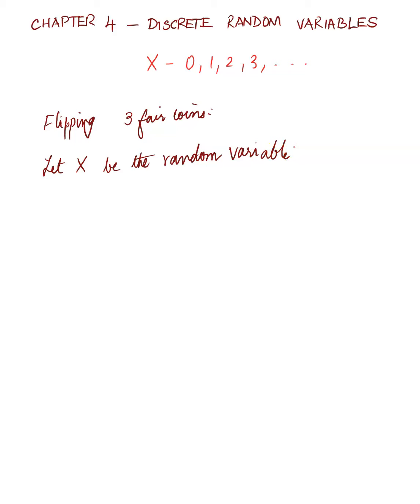So let it be the random variable where we define x to be the number of heads when you toss 3 fair coins. Okay, the number of heads when you toss 3 fair coins.